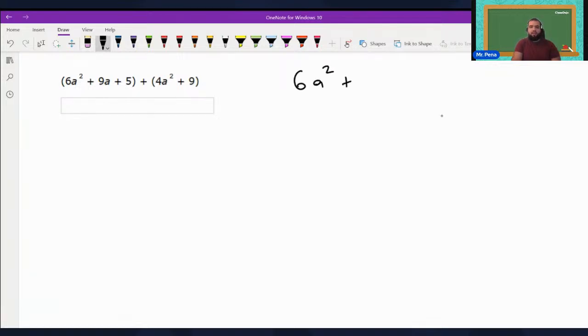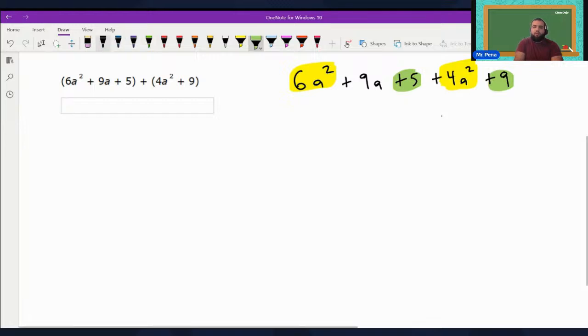Anyways, 6a squared plus 9a plus 5 plus 4a squared plus 9. And so we want to take everything that has an a squared and combine them. We are combining like terms. Combine the numbers. And then everyone else is by itself.